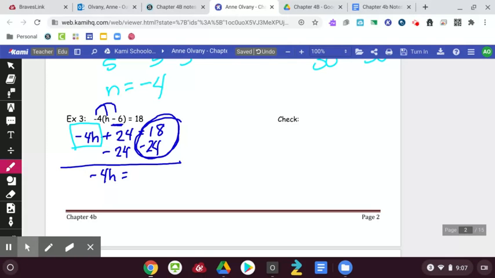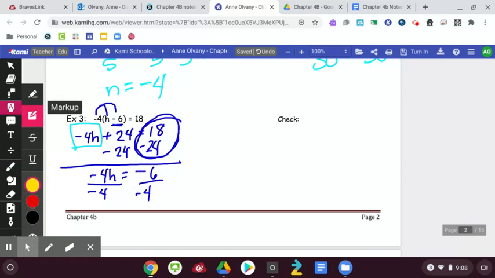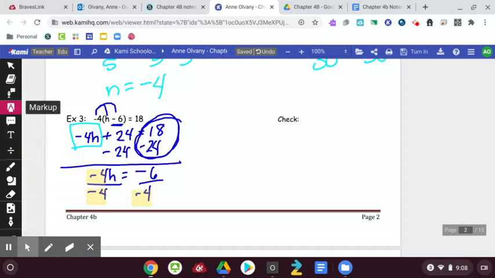This is 18 minus 24. Type in exactly what you see. That's going to give you negative 6. And then we're going to divide both sides by negative 4, making sure that these numbers are all the same sign. Super important, and that's a mistake kids were making.